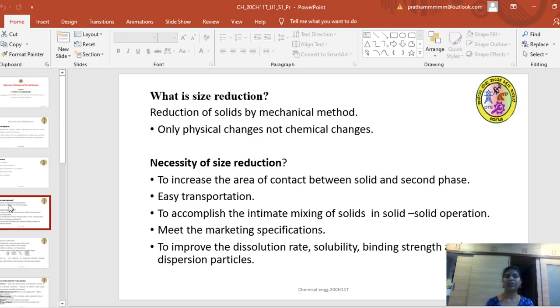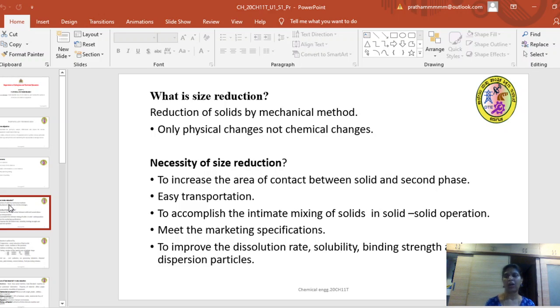So size reduction, we can say, is the mechanical process of breaking down solids into smaller size particles. Understand carefully: it is a mechanical process of breaking down larger size particles into smaller size particles without altering the state of aggregation of the solids.